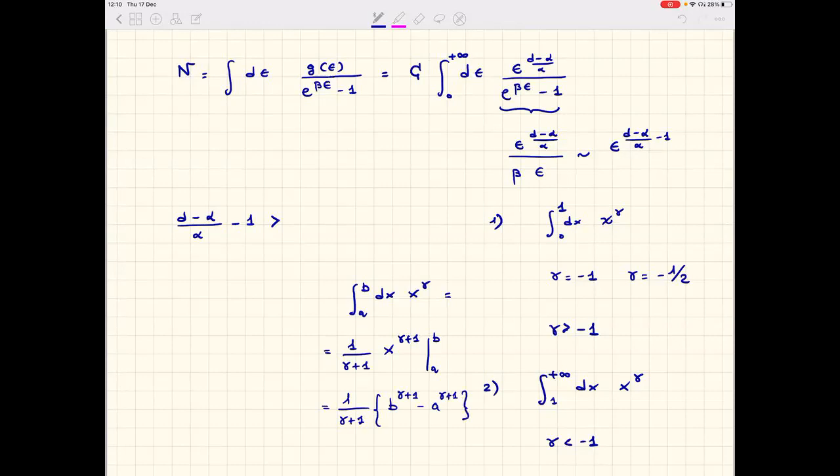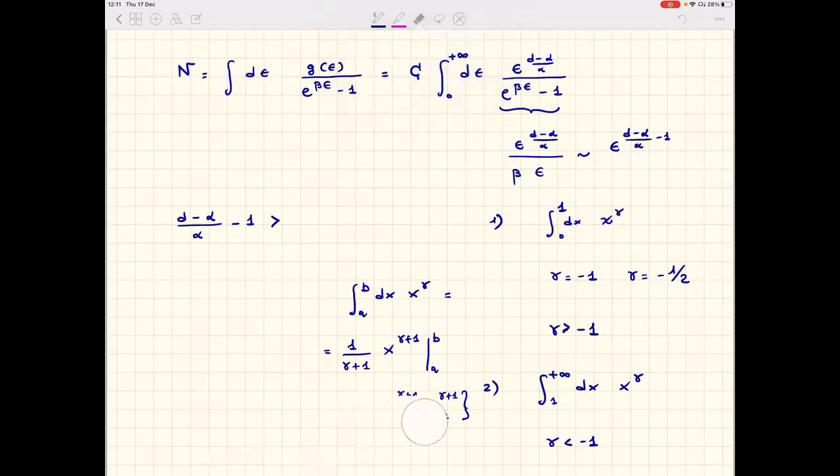And now you see that when a goes to 0, so if you send a to 0 and b stays finite, so when is this limit for a going to 0 of a to the power gamma plus 1 finite? Well, for gamma greater than -1, right? For gamma greater than -1, this limit is actually equal to 0. Otherwise, it blows up. And same thing for the limit for b going to plus infinity. So that's how you obtain the two conditions.